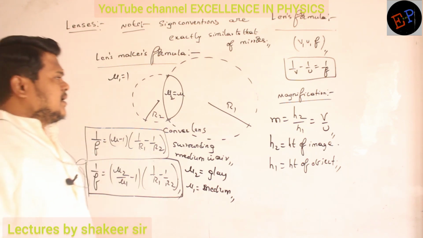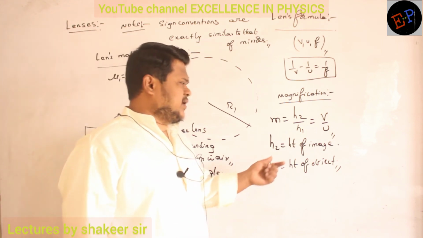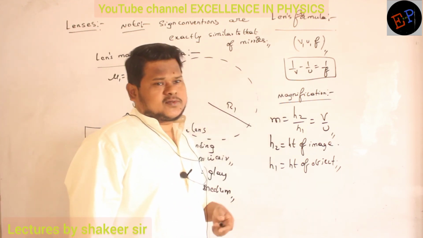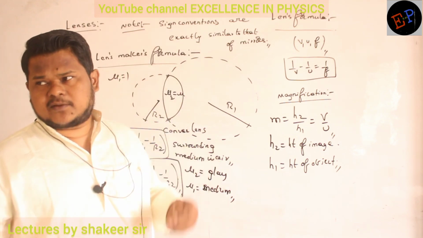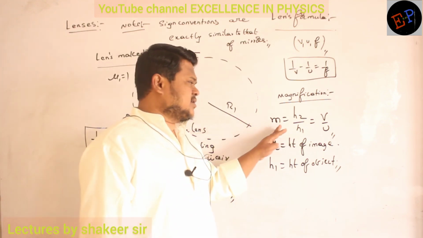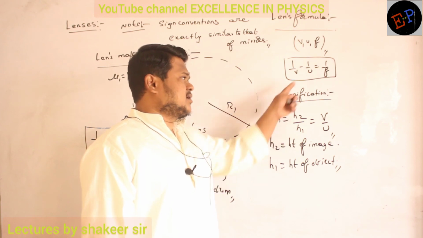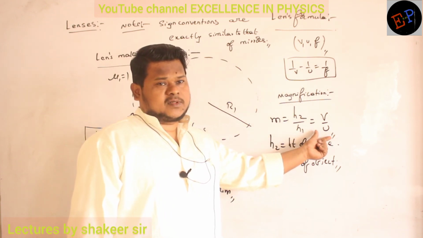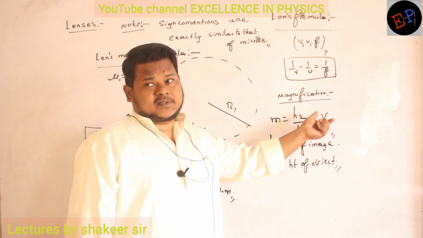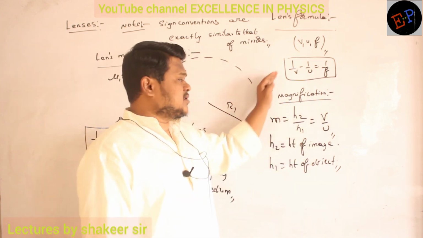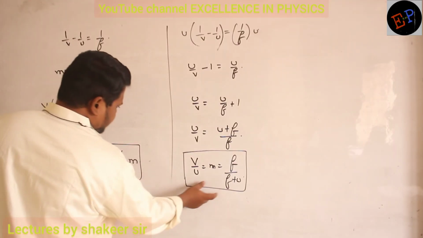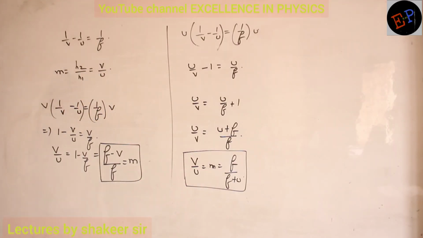In mirrors we have derived a relation between magnification and focal length also. We did some calculations and derived the relations between magnification and focal length. In one formula U was present, in one formula V was present. So try to derive the same equations by using these two. These are the two additional equations of magnification.